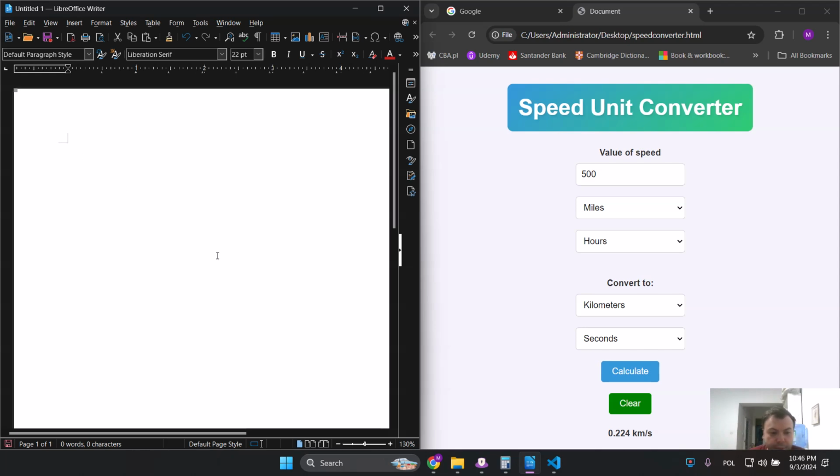So again, let's find out if we can get the same result. We have 500 miles per hour, and you want to change it to kilometers per second. So now you check the relationship between the numbers. How many kilometers is 1 mile? 1 mile equals 1.609 kilometers.